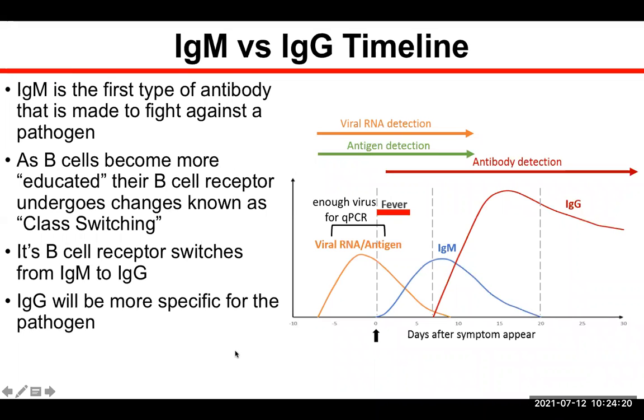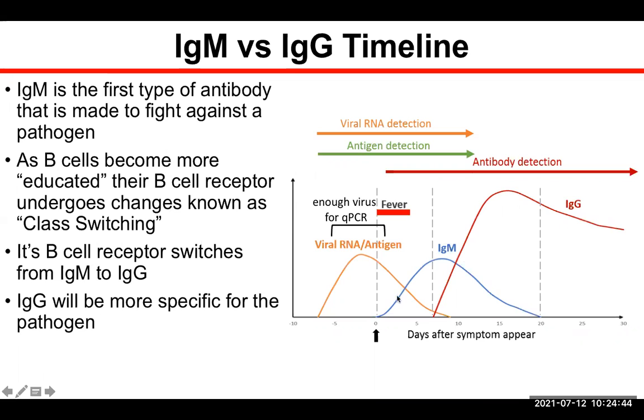Going back to the timeline that I talked about last week, IgM is the first antibody that's made against a pathogen. Here we can see the graph that I showed again from last week: once you have the initial infection, you start to show symptoms, and then the immune response kicks in.